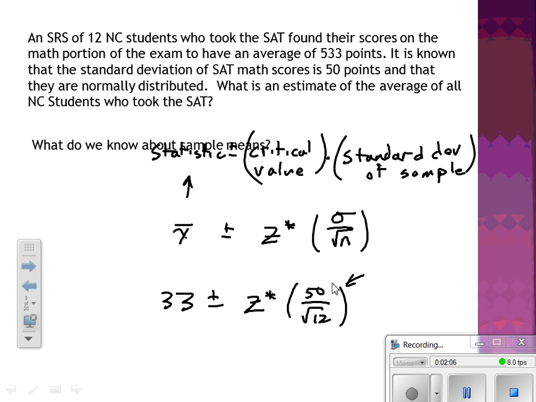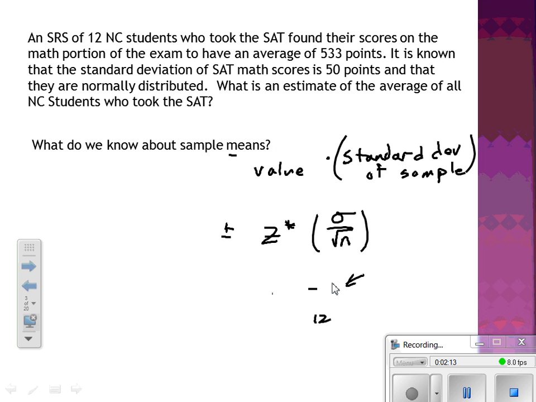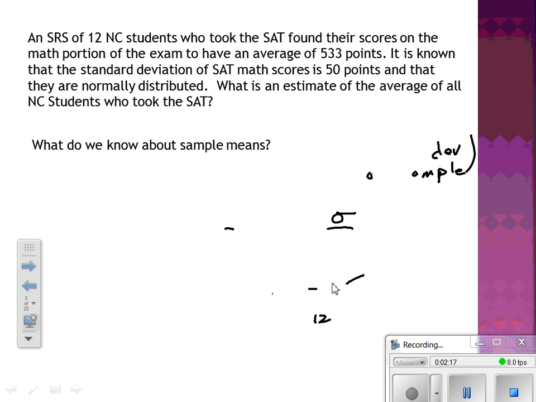So what do we know about sample means is what that question is asking us. We should remember that those x bars, if we did x bar after x bar, they are normally distributed.